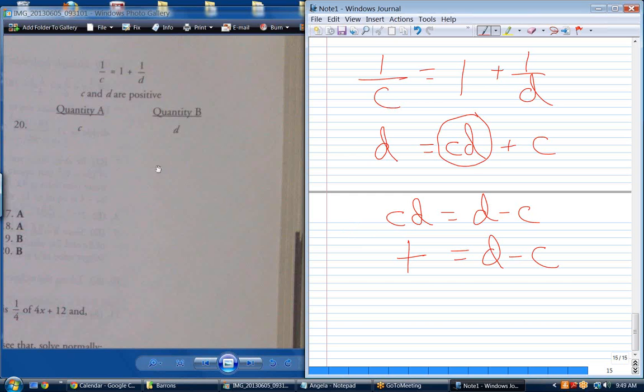And we know it's positive because both C and D are positive, so the product C times D is a positive number. And if it's a positive number, then D has to be bigger than C. If this were a negative number, C would have to be bigger than D.